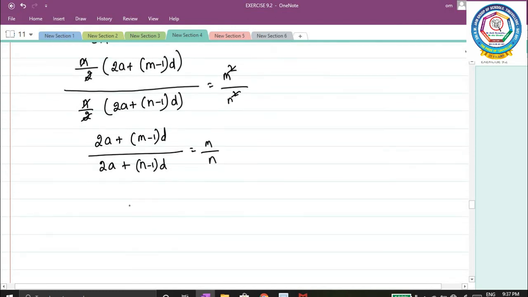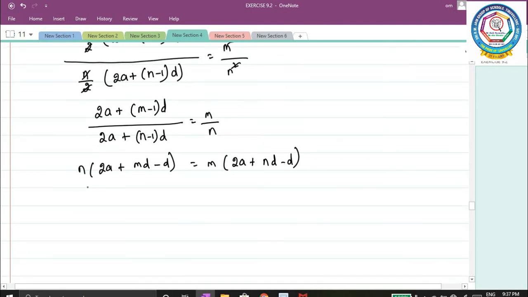If we cross multiply: n into 2a plus, I am taking d inside, md minus d, equal to m into 2a plus, if I take d inside, nd minus d. Next we have to simplify this one: 2an plus mnd minus nd equal to 2am plus mnd minus md.